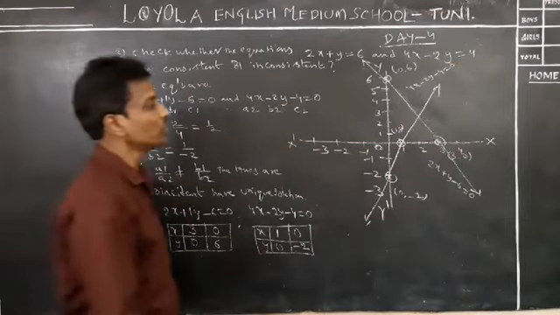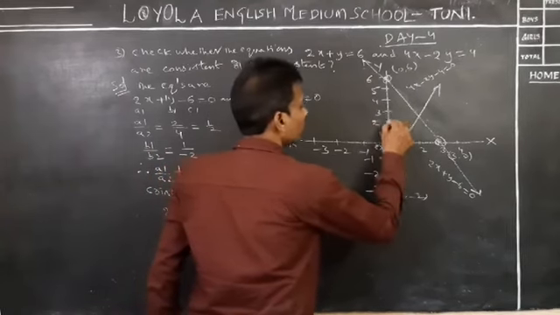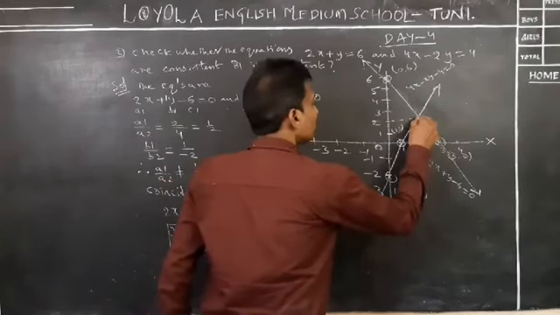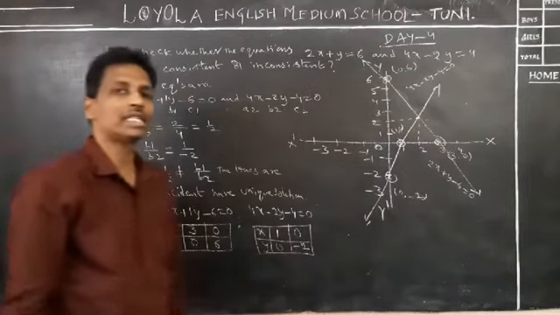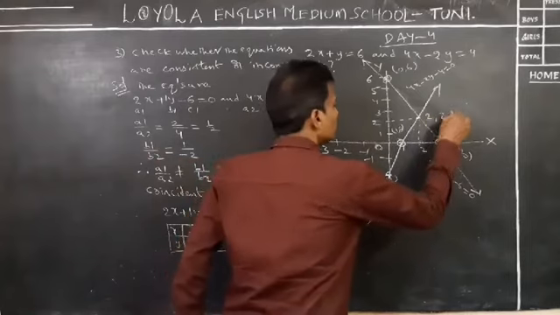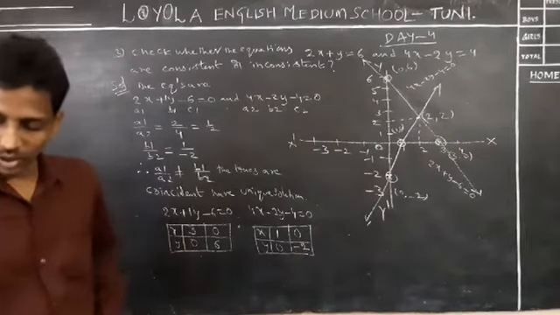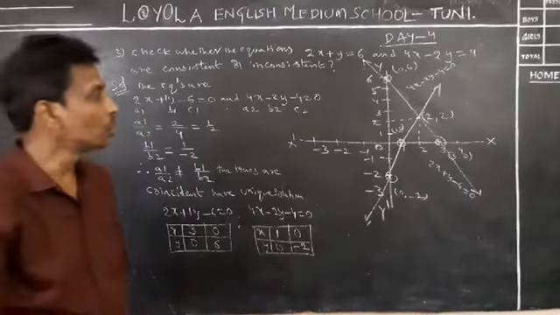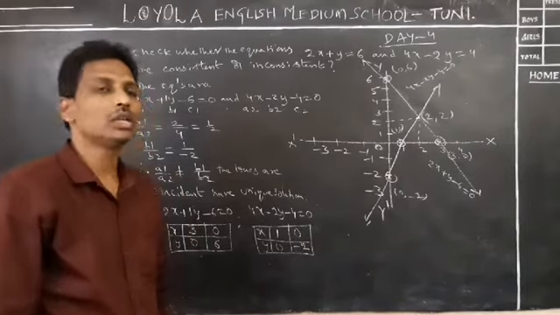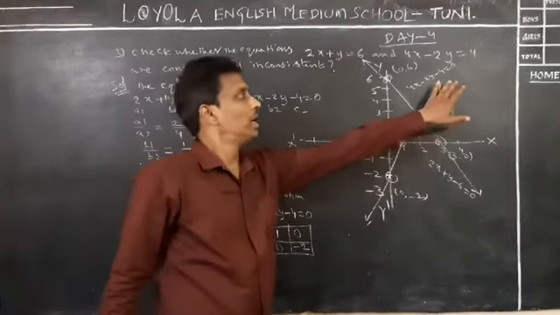From the graph, observe carefully. The two lines intersect at the point (2, 2). The point of intersection of these two lines is (2, 2). So that will be the solution set of these two equations.